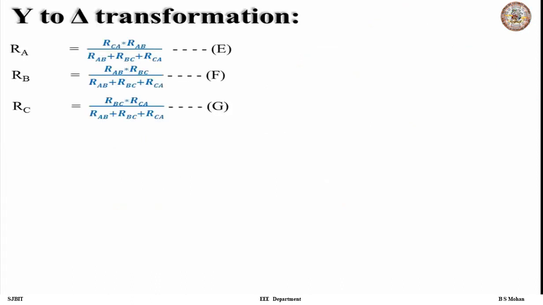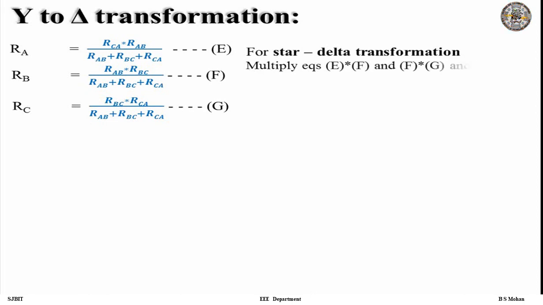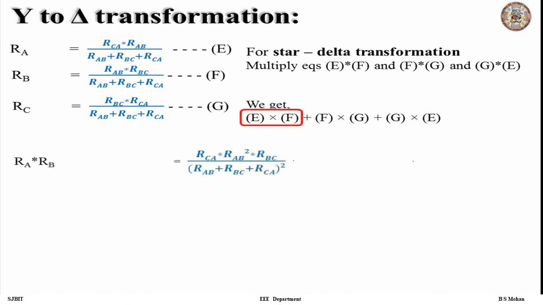Now, let us derive star to delta transformation with the help of these three equations. For star to delta transformation, multiply equations E, F and F, G and G, E. Let us take one by one. So when we multiply E and F, on the LHS we have RA into RB, on the RHS we have multiplied and denominator square, and one can observe in the numerator in equation E and equation F we have RAB twice, thus RAB square.